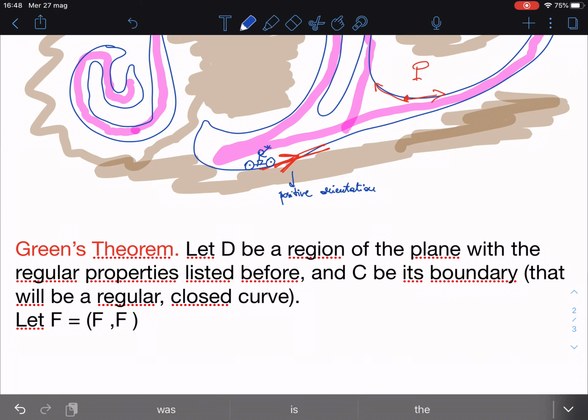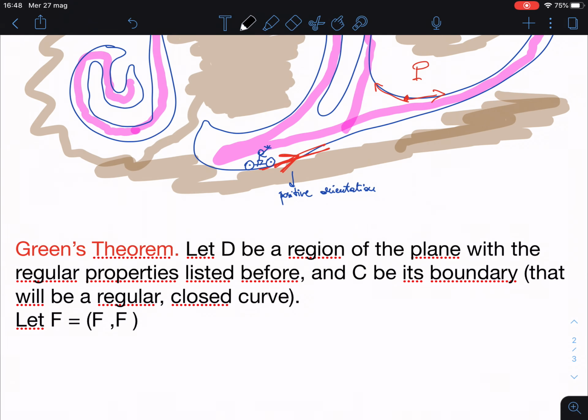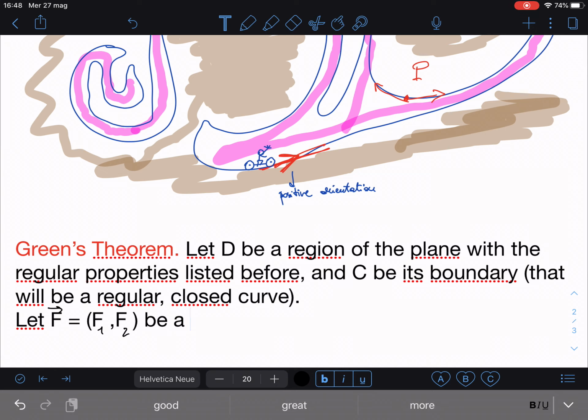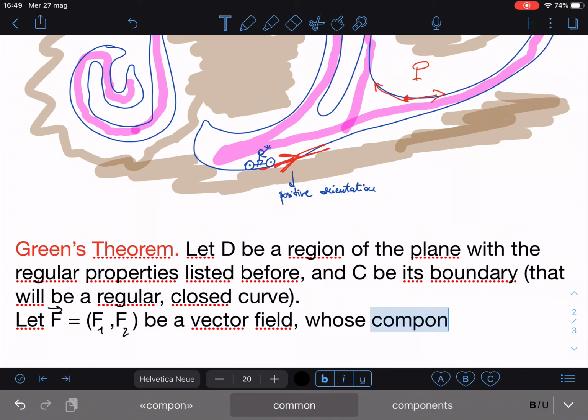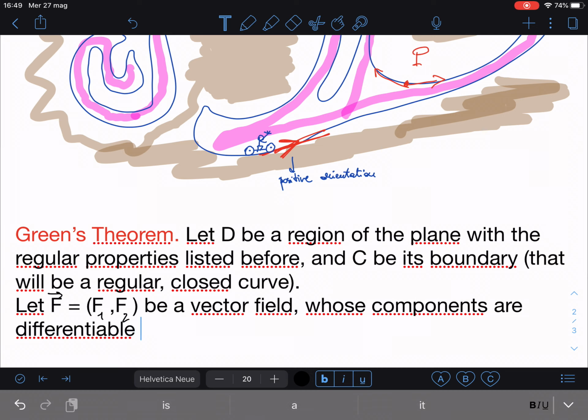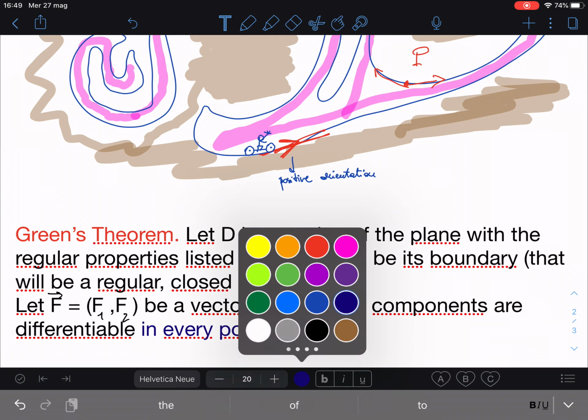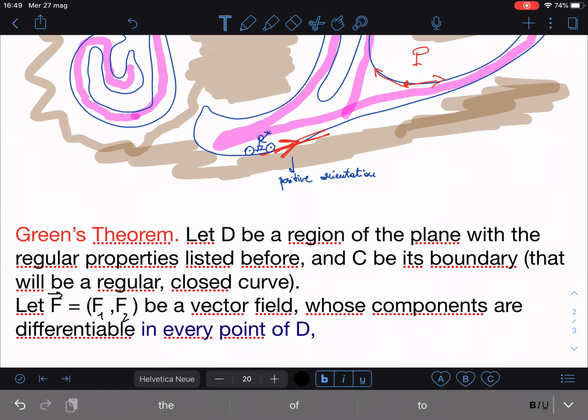Let F, okay, we'll put now the indices, F1, F2, be a vector field whose components F1 and F2 are differentiable, and here I want to stress this, in every point of D, and whose derivatives are always continuous.